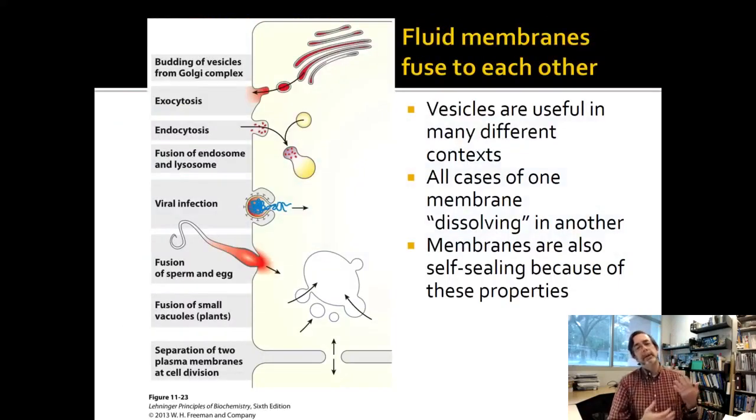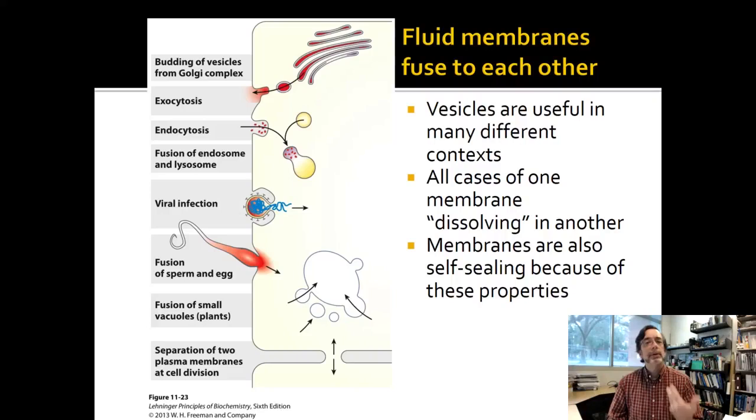Because membranes are fluid, they do all sorts of things, and these are all the things you talk about in cell biology that will tell you, if you wonder how does a cell do that? Well, it's because of biochemistry at the bottom of it, because non-covalent interactions are arranged in 2 dimensions by the chemistry of the lipids. Very cool. And so this includes how viruses infect, it includes how endosomes fuse, it includes how sperm and egg fuse, how plants form small vacuoles, and how 2 cells divide.